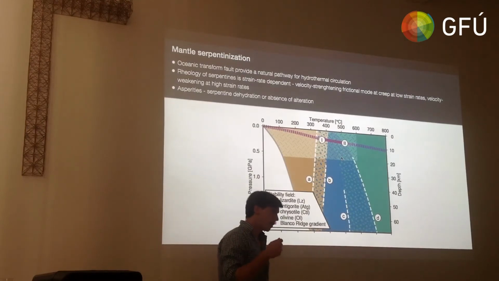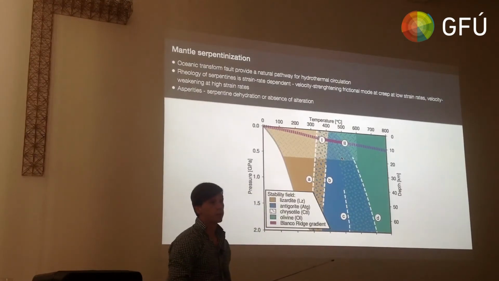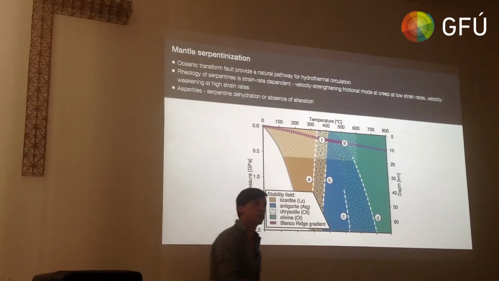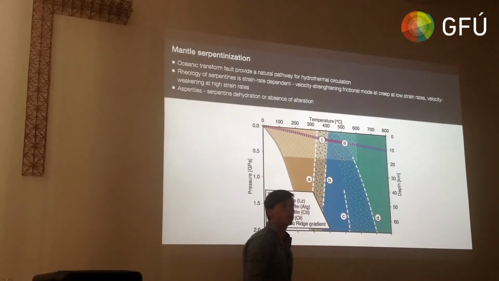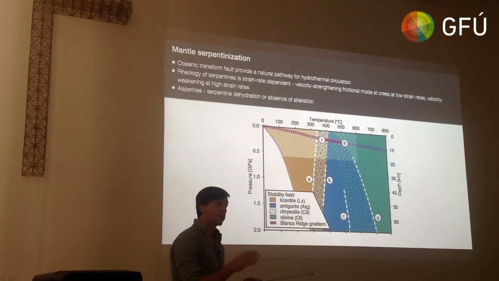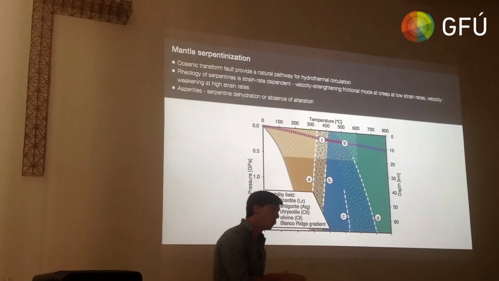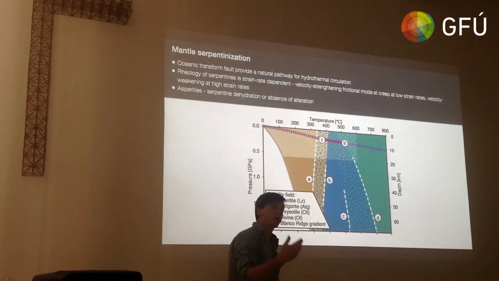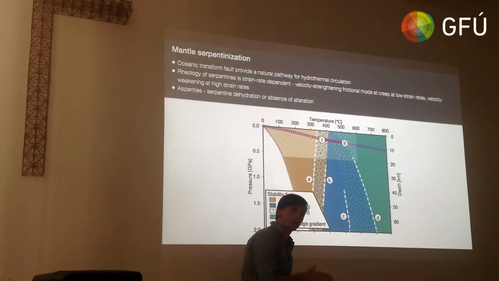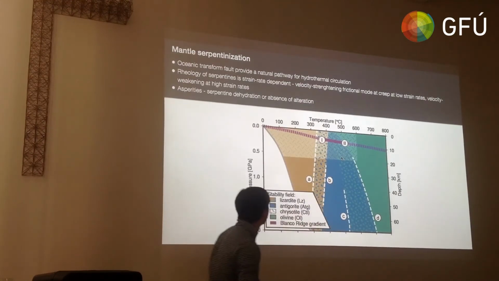That's called velocity weakening mode: with increasing velocity, we are dropping the frictional forces, allowing an earthquake to nucleate. Whereas when we move it very slowly, it behaves in a velocity strengthening manner. Whenever it moves slowly, the frictional force increases, which doesn't allow any nucleation of earthquakes or seismic slip. So it creeps. The only kind of motion it can have is creep.